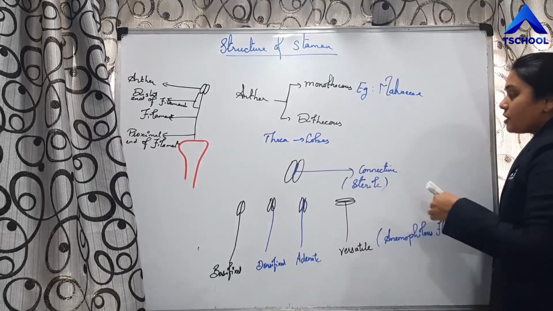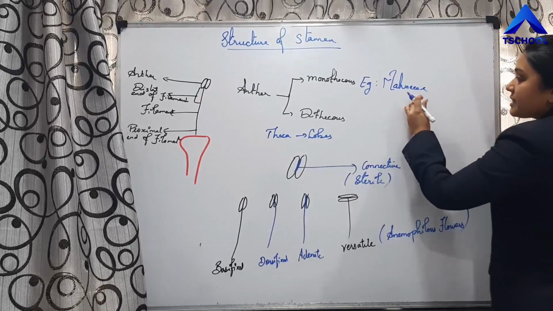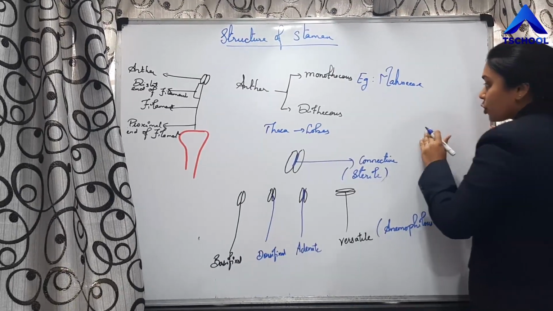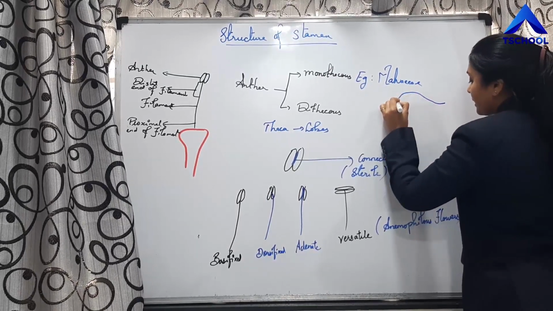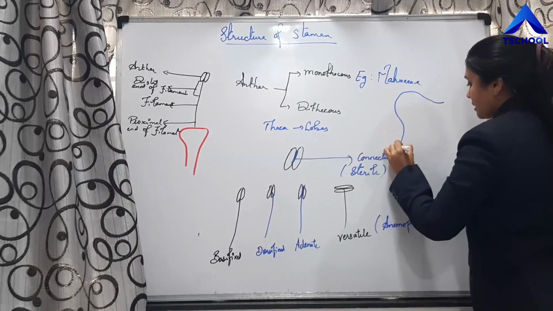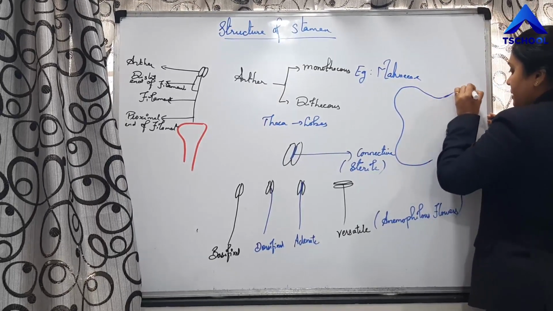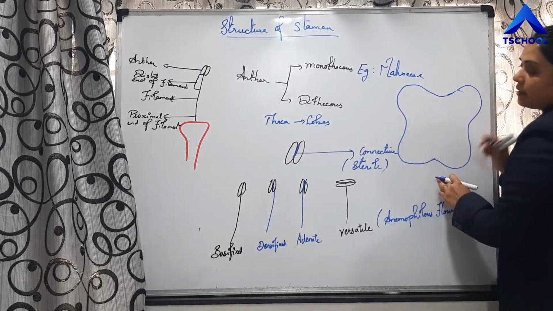means lobes. So if we study the structure of this anther, then it is dithecous, which means it is made up of two thecas. So if we will see an overview of it, then it would be like this. So this is one theca, and this is the another theca.